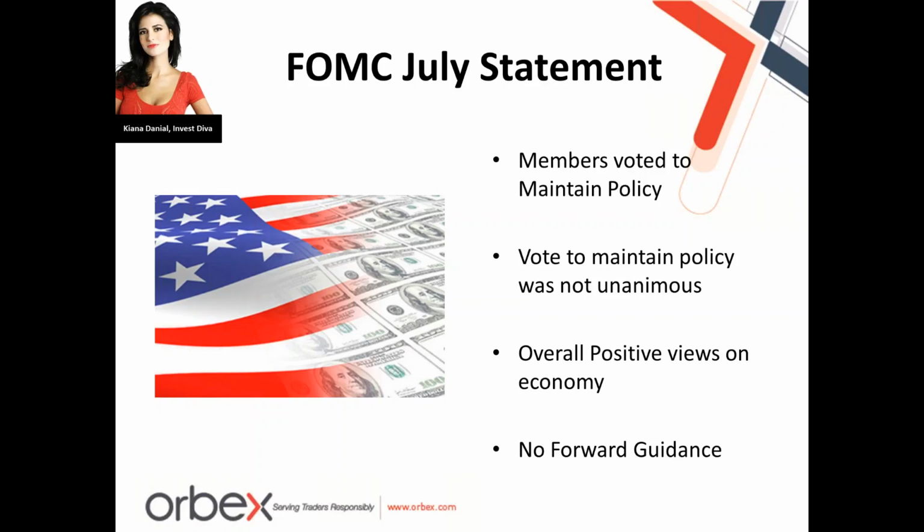So the FOMC members still try to balance this rather upbeat addition by saying that the committee continues to closely monitor inflation indicators and global economic and financial developments. So they said something very optimistic, and then they're like, all right, but we still need to monitor. So as a result, they basically didn't give us any forward guidance.